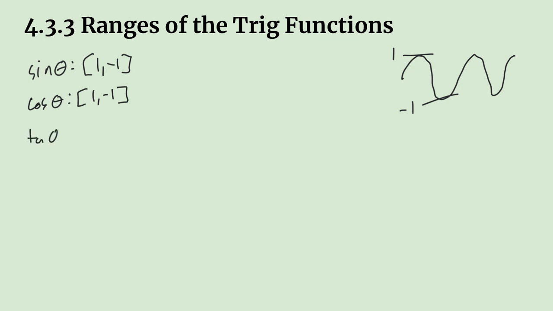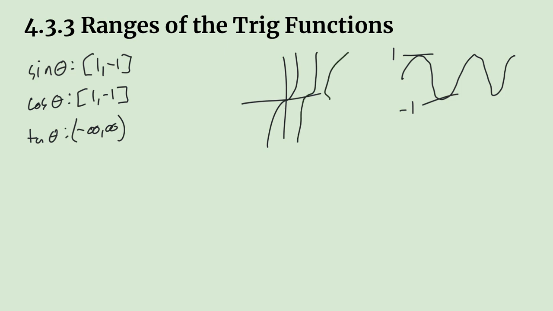Tangent of theta is negative infinity to infinity, and that needs to be parentheses. The graph of a tangent function looks like that. The drawing is a bit terrible, but the y values go on forever and ever.